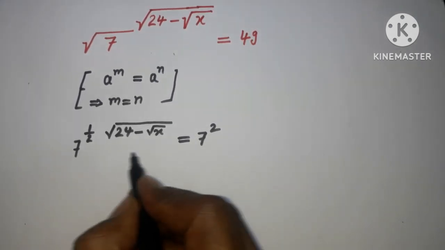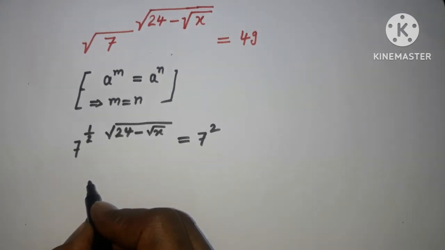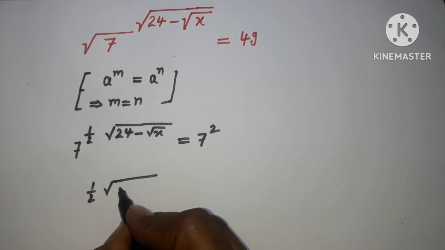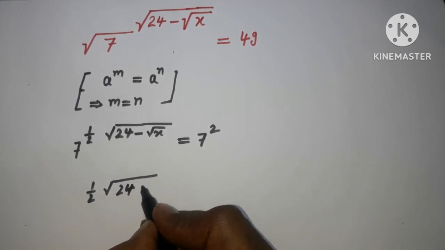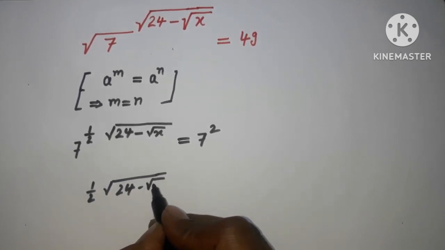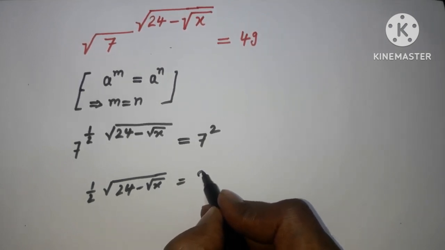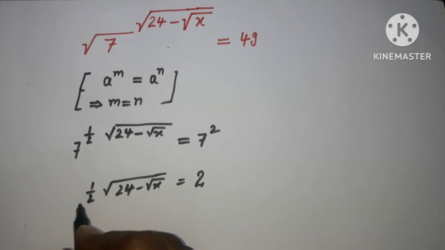Then we have the same base, so we can equate their powers. By equating their powers, we have half of root under 24 minus root under x over here, and here we have 2. Now we can put all the variables on one side, and all the constants on the other side.